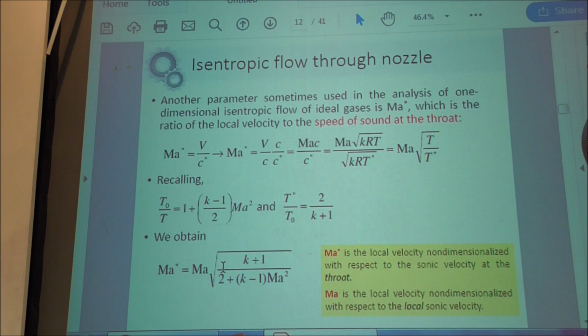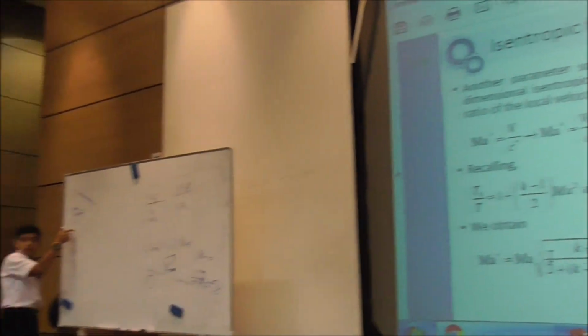I do not want to confuse you, but sometimes we want to calculate parameters in terms of critical condition parameters. When you calculate the Mach number here, you use C, the speed of sound, which is the square root of KRT, with T in this location.